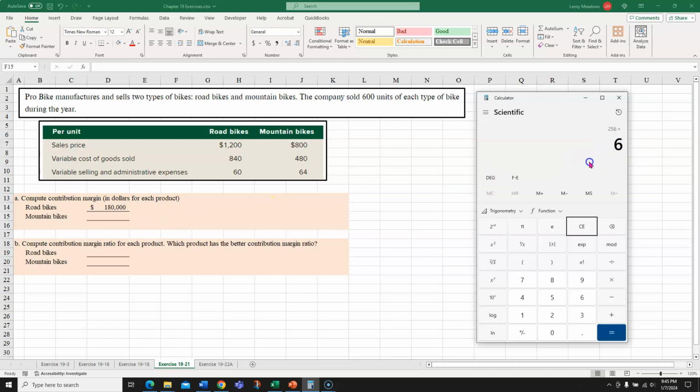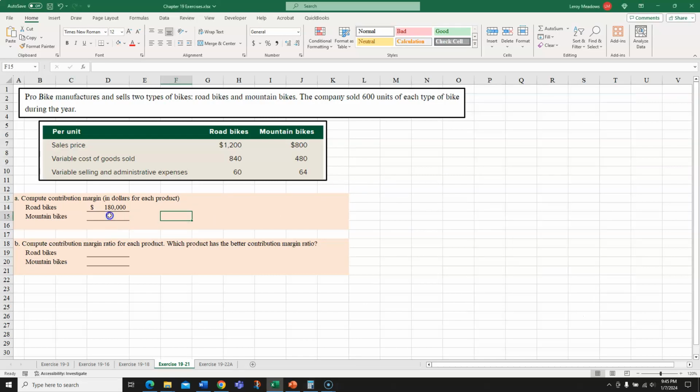I'm going to multiply that by the number of units sold, 600, and I should get $153,600. So let me put that over here. And so that's my contribution margin for each of the road bikes and mountain bikes.